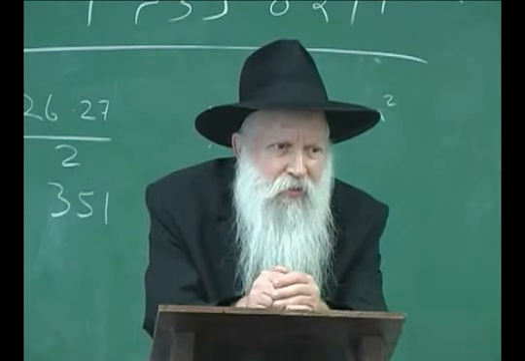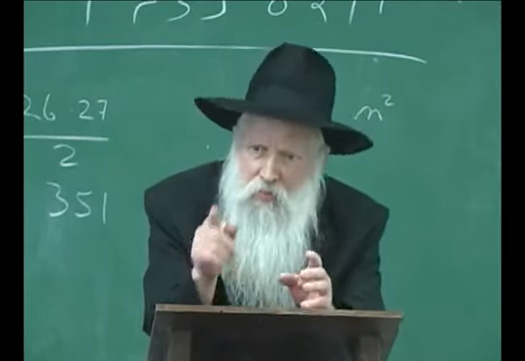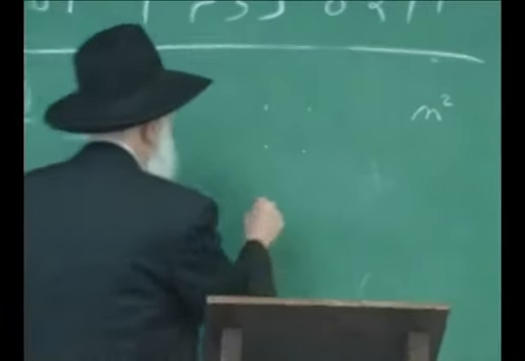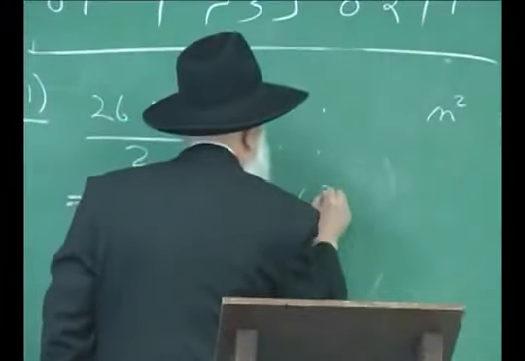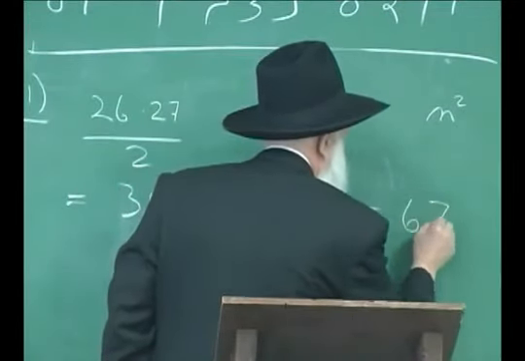What are they? 26 and 25? Exactly, that's correct. Let's do it together. 26 squared equals 676.